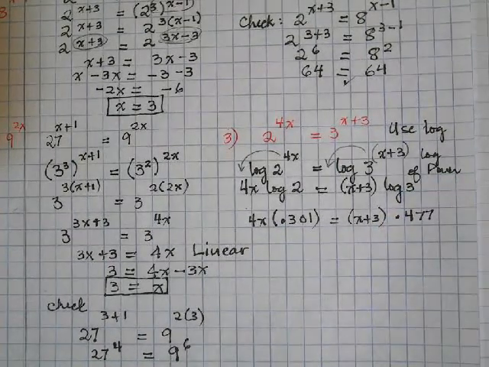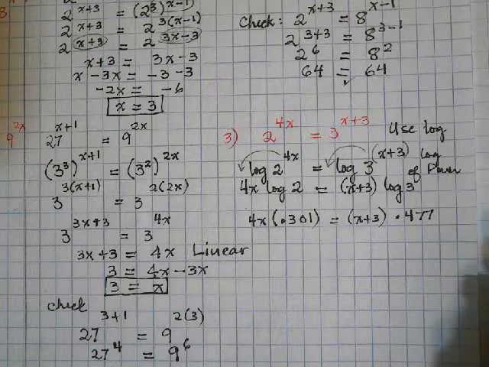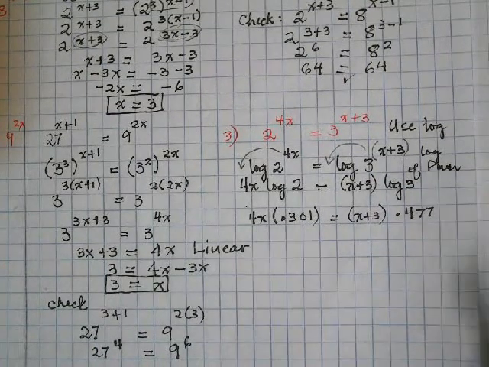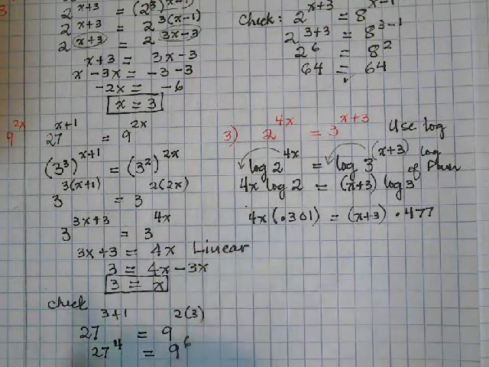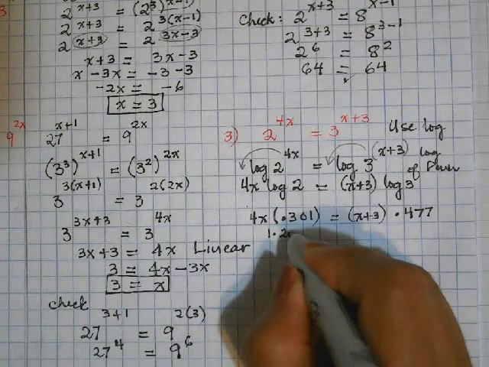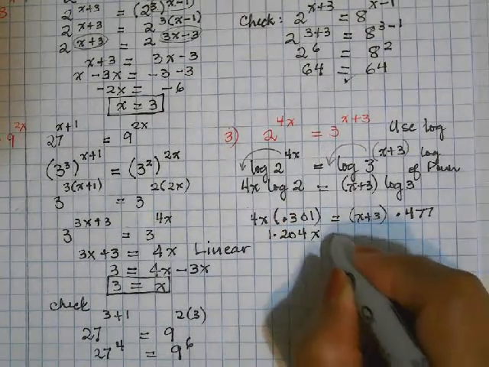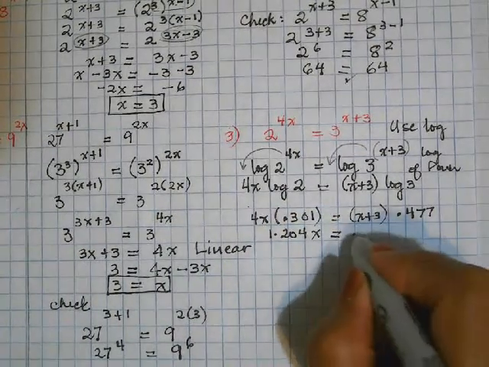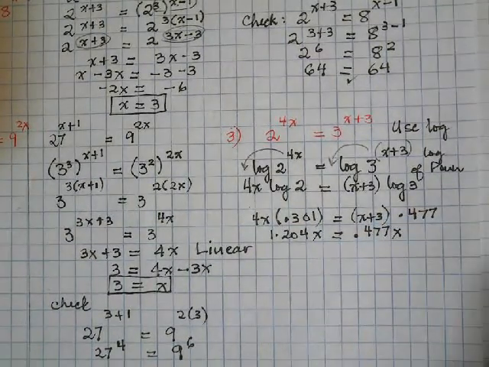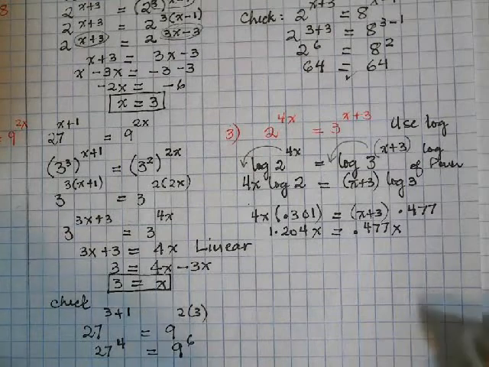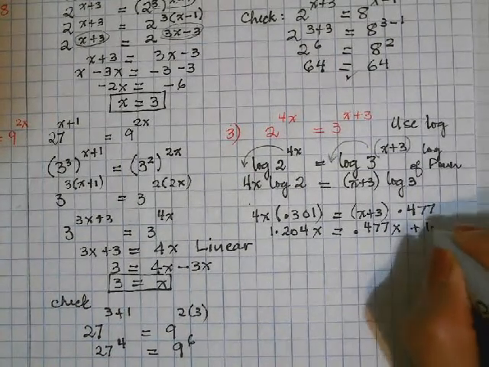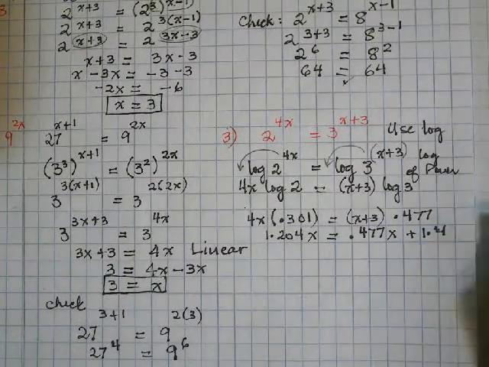Okay, so now these are just decimals, so we will just multiply these two. Let's continue. 4 times 0.301, okay, will be 1.204x, and this one we have to distribute, so 0.477x, 0.477 times 3 will be 1.431.